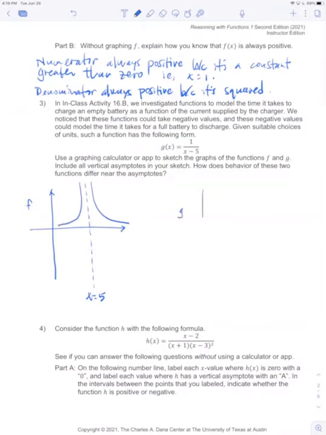And then g, we'll do that one next. x equals 5 is again the asymptote. The right side of the curve is above the x-axis, and the left side is below the x-axis.